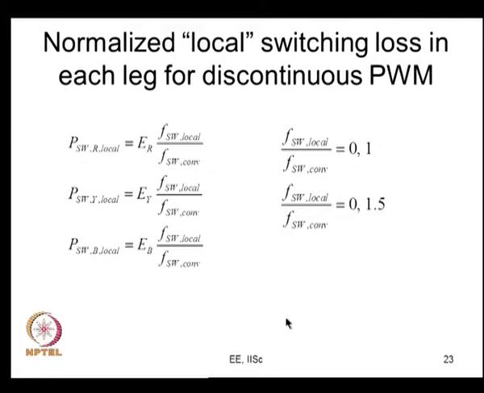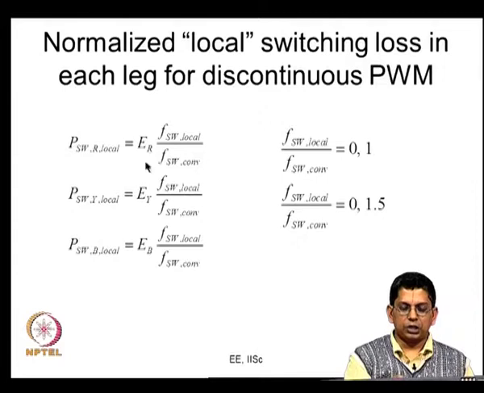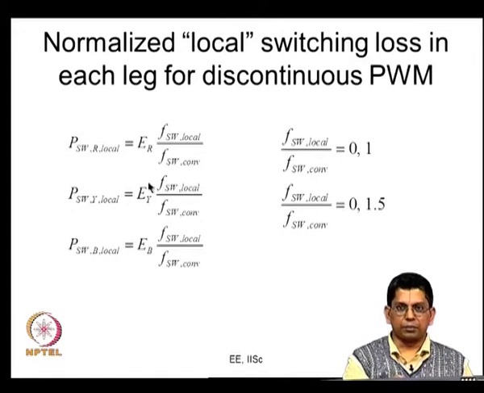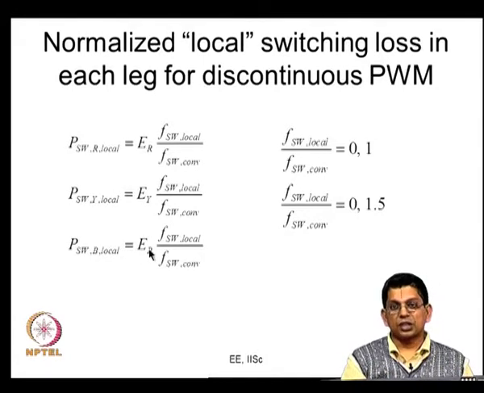So, what happens in bus clamping PWM? If you look at R phase, you will have an R phase switching energy loss, which is the normalized R phase switching energy loss as we discussed before. This is simply proportional to IR. Similarly, this is the Y phase switching energy loss, this is the B phase switching energy loss, but whether the phase switches or not is a question.